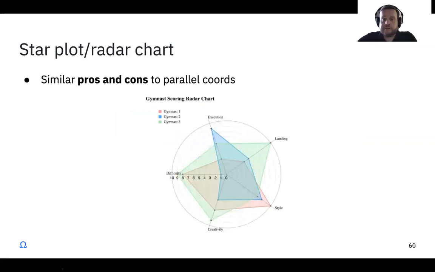So the pros and cons are very similar to parallel coordinates. This is yet another example of a star plot, just with five different axes. So again, we have to be careful about clutter. The ordering of the axes can be very important, and yeah, it's again this similar conclusion.